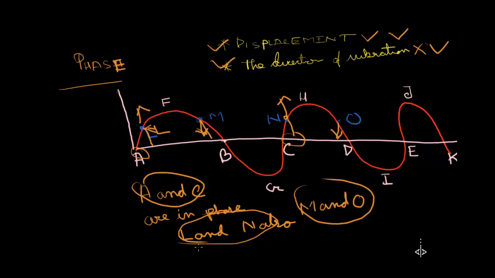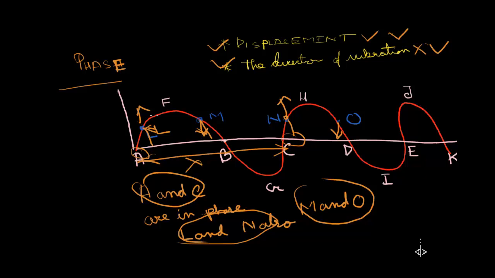This is very important because the wavelength is actually the distance between two successive points or particles that are in phase. So the distance between A and C is the wavelength. This distance is the wavelength.